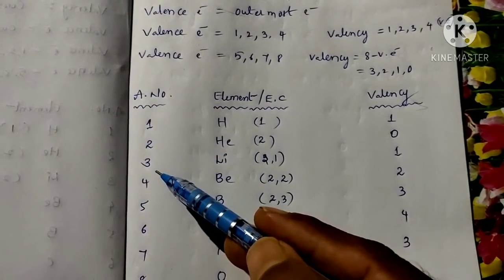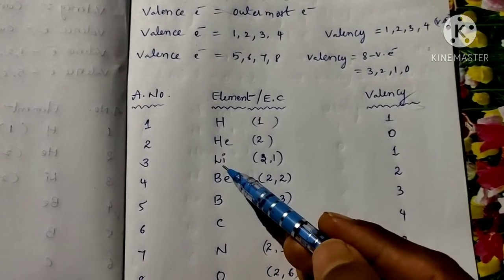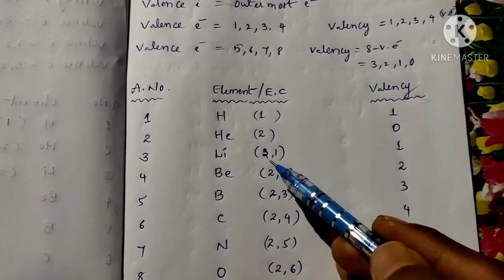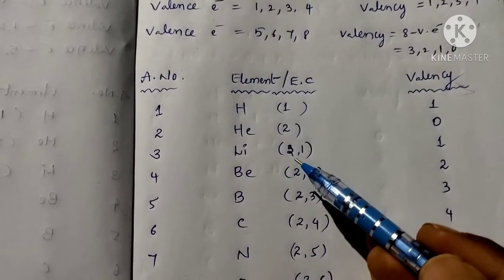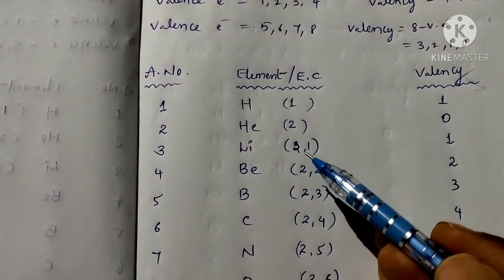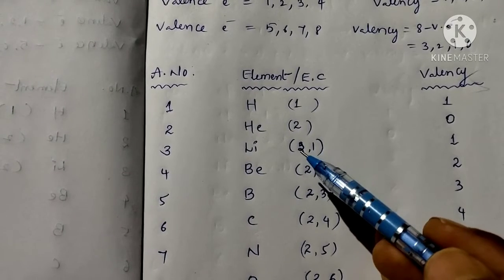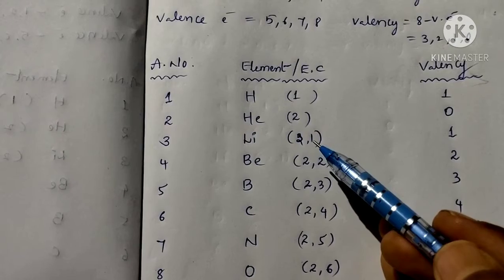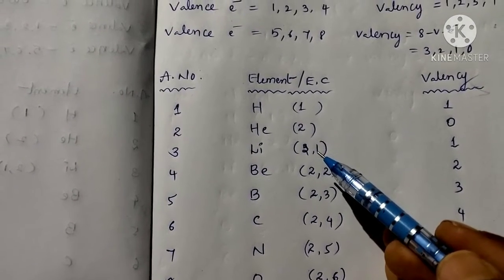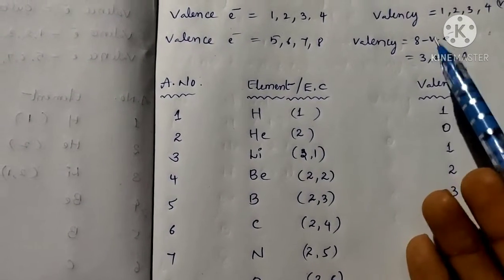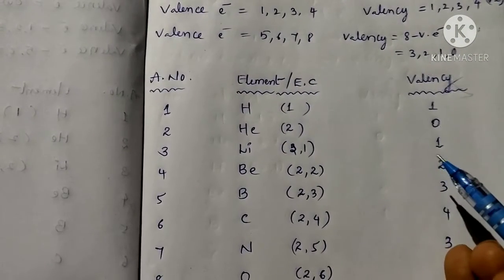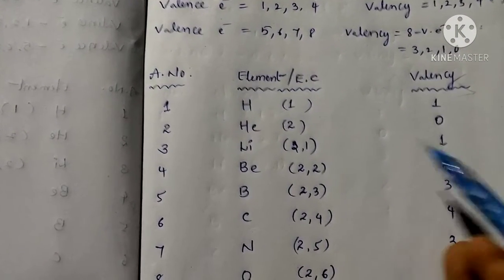And atomic number 3, that is lithium. Electronic configuration is 2, 1. So 2 are inner shell electrons and 1 is the outer shell electron. If the outer shell electron is 1, then valency is equal to valence electrons. So the valency of lithium is again 1.